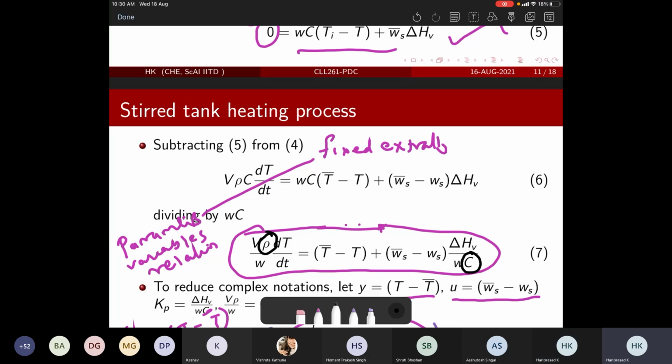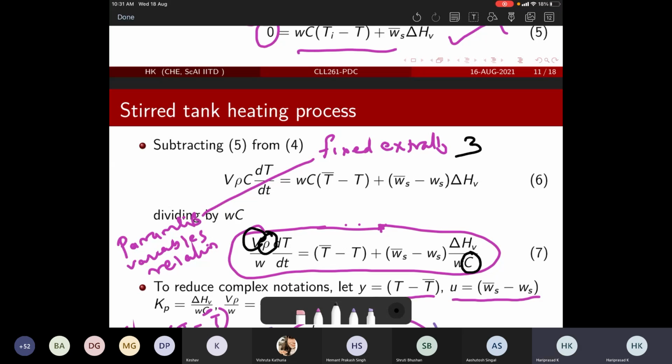Density: if you fix your fluid, the density is fixed. V: when you decide the size of the vessel, volume is fixed. Got it? So I'll say there are 3 parameters.